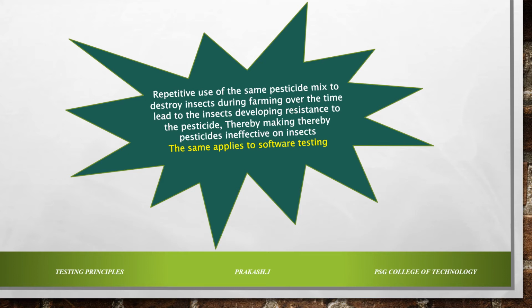The insects present on the crops will develop resistance to it, and it will have no effect on them. So they have to keep updating the mix of pesticides they use to kill the insects. Similarly, this applies to software testing: when you keep using the same test cases again and again over a period of time, they will stop identifying new errors. So you have to keep updating with new test cases.